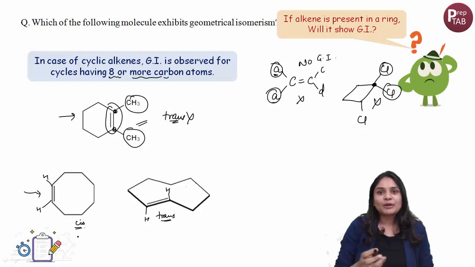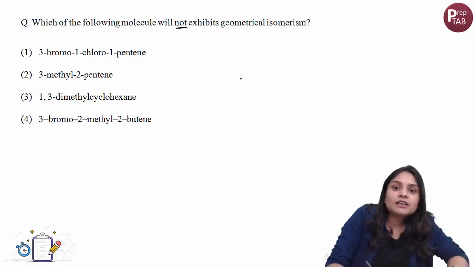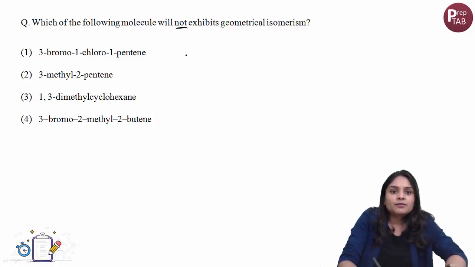Now let us go back to our question. Okay guys, which of the following molecules will not exhibit geometrical isomerism? Okay, first let us quickly draw the structure of these molecules. 1 pentene, 1 chloro, 3 bromo, then 2 pentene.